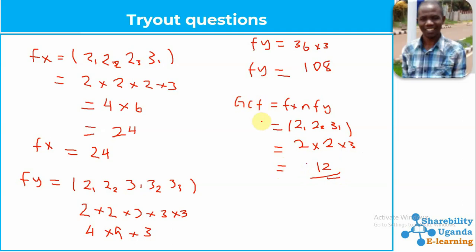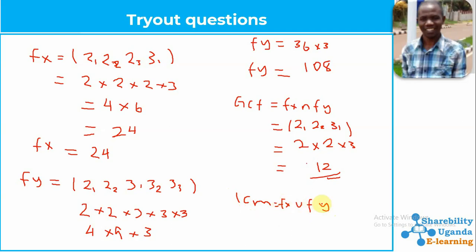So this is our greatest common factor using prime factorization. Then we should also be able to get our lowest common multiple using prime factorization, where this is going to be equal to our f of x union our f of y.